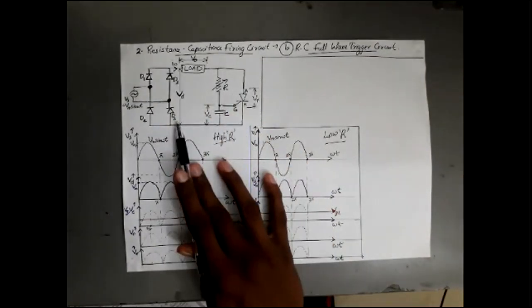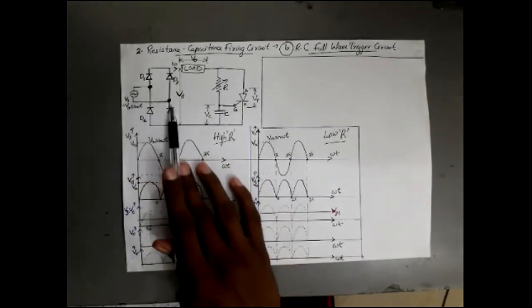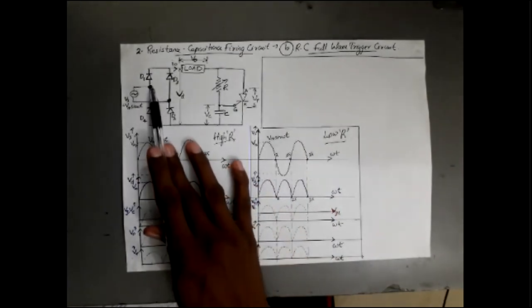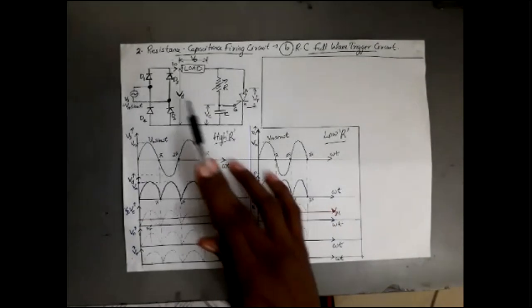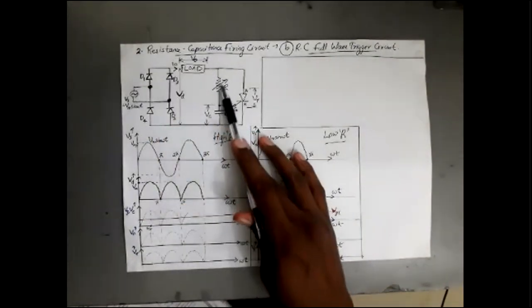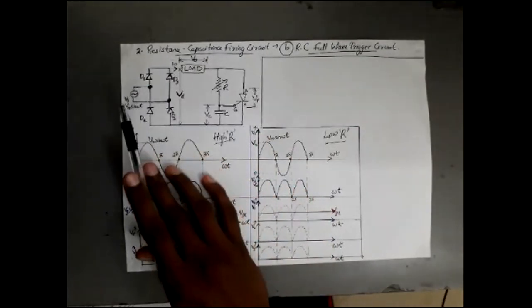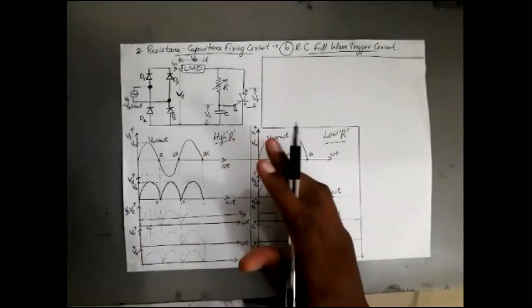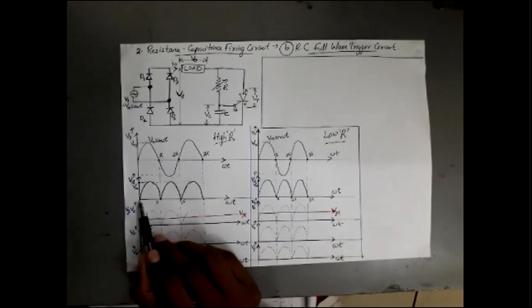Just keep in mind, during the positive half cycle, due to the full wave rectifier, a positive voltage will be appearing across my VC, and the current direction will be from D1, load, then R, through C, through D2, going back to Vs. That is the direction during the positive half cycle, the rectified output from 0 to pi.